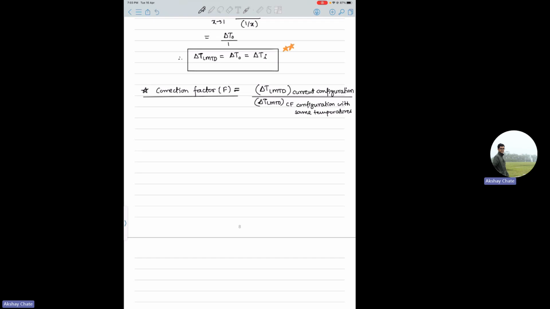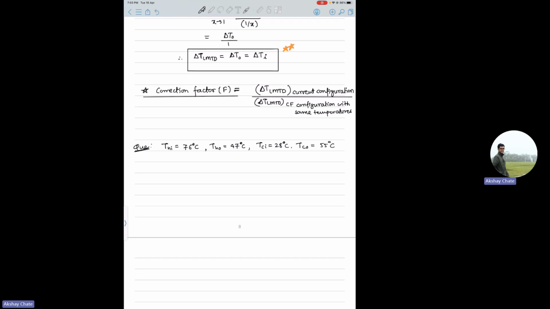Sometimes they ask a 1 mark question which is directly straightforward. So in this question, which is a previous year GATE question, it is mentioned that hot fluid enters at 76 degrees Celsius and leaves the heat exchanger at 47 degrees Celsius. And similarly, cold fluid enters at 28 degrees Celsius and leaves at 55 degrees Celsius.